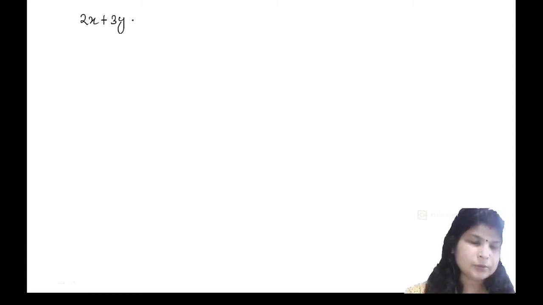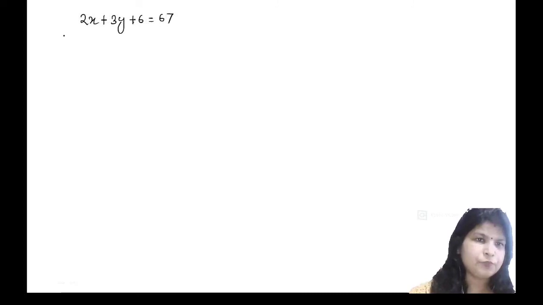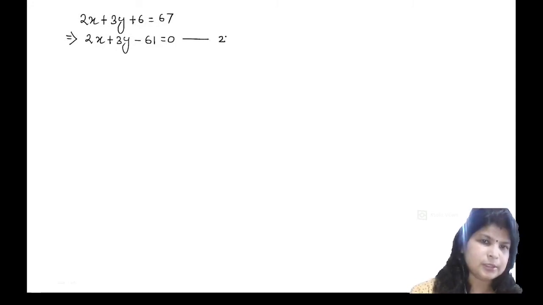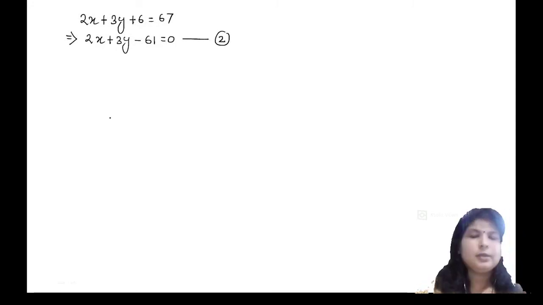So let us write down 2x plus 3y, so you had plus 6 is equal to 67. So just take this 67 to the other side. So your equation is 2x plus 3y minus 61 is equal to 0. This is your second equation, right?